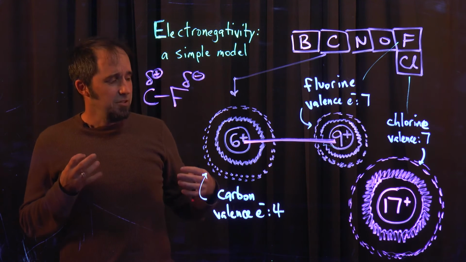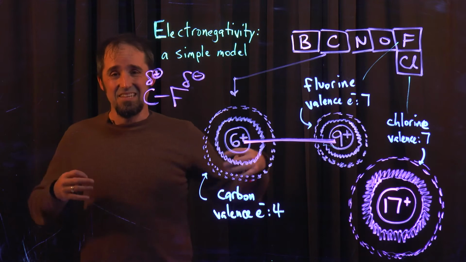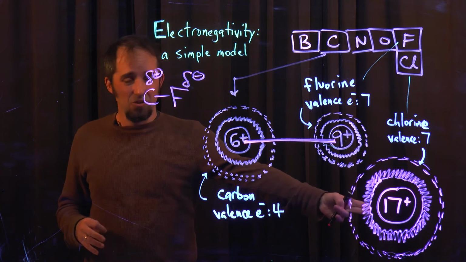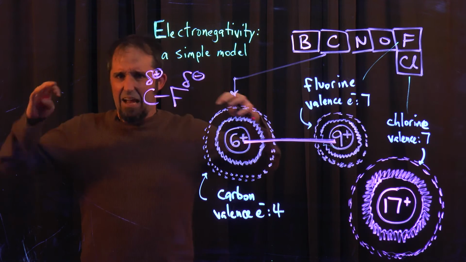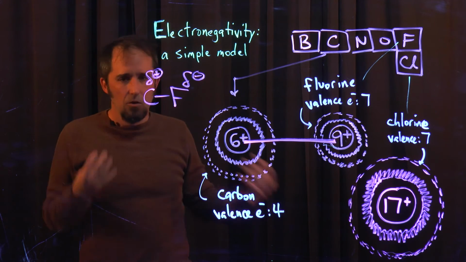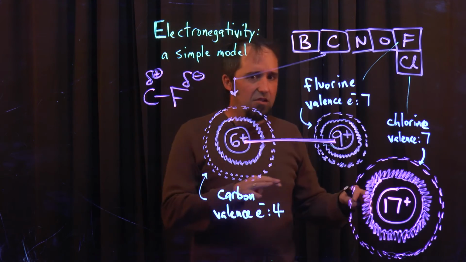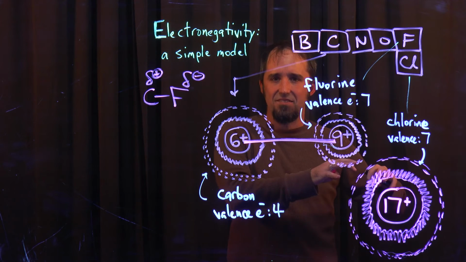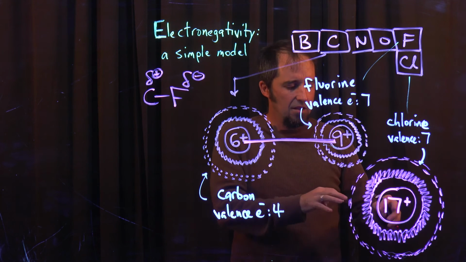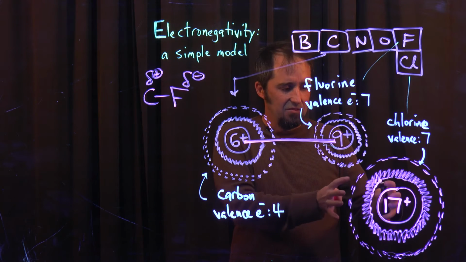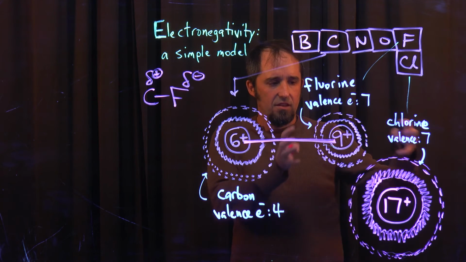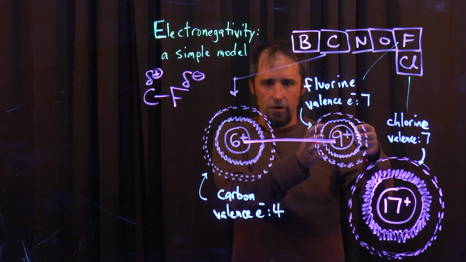So let's look at chlorine. Chlorine has an even bigger nuclear charge, 17, right? So that must be like a black hole of attraction type of thing. Well, not really, because we're building these electrons in shells, the outer valence shell of chlorine is way further out than the outer valence shell of fluorine, right?